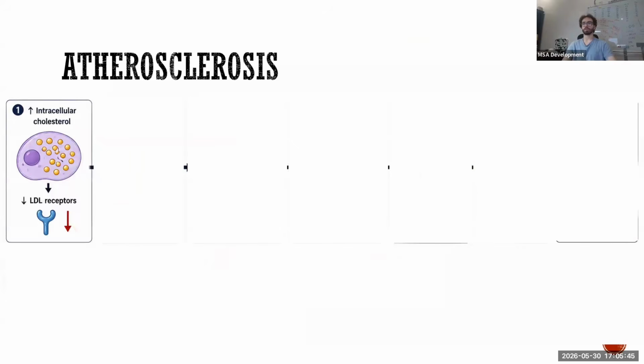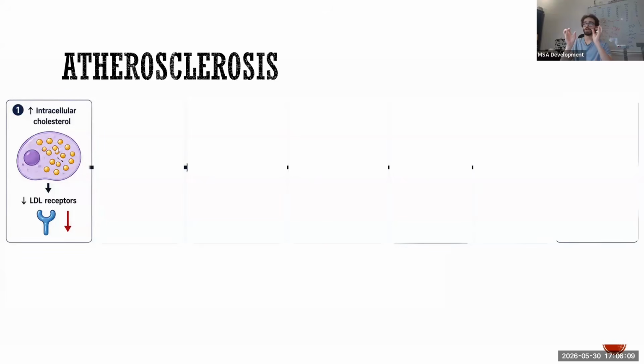Right, now I'm going to talk about atherosclerosis, the disease that is caused by cholesterol. Okay? I'm going to explain to you how it happens. It all starts with having too much cholesterol inside the cells. When we have too much cholesterol inside the cells, what will happen? I already told you guys a long time ago that the cholesterol itself, do you remember, guys, the diagram that I begged you to memorize?